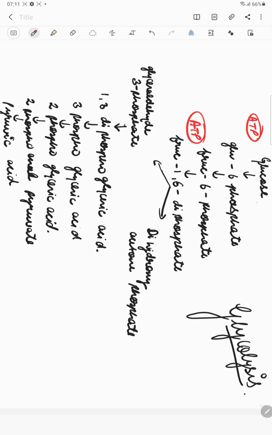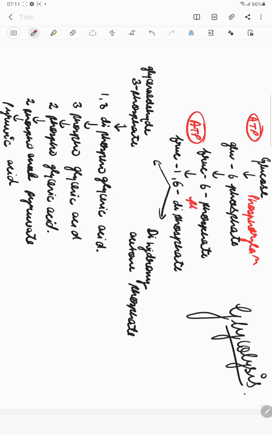And in these processes, the conversion of glucose to glucose 6 phosphate and of fructose 6 phosphate to fructose 1,6 diphosphate, you must be noticing that one molecule of phosphate is added. And when phosphate is added, the name of the process is phosphorylation.